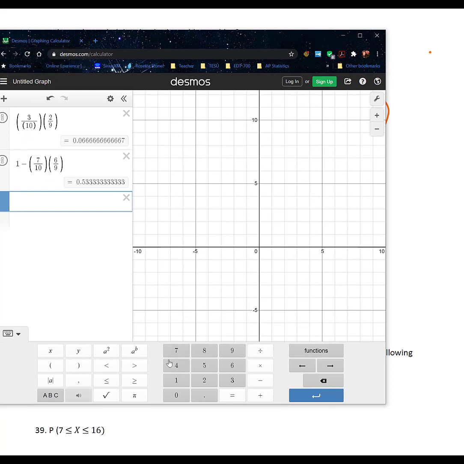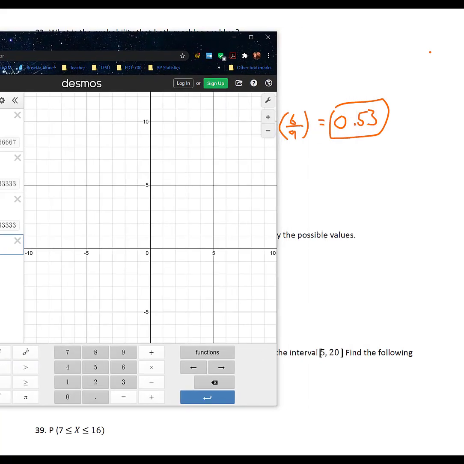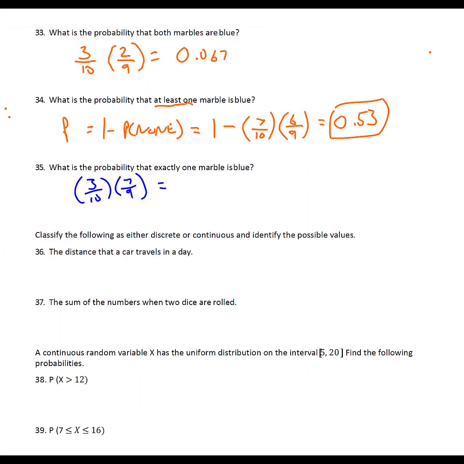So we're going to take 3 divided by 10, and we're going to multiply that by 7 divided by 9. And we should get 0.23.